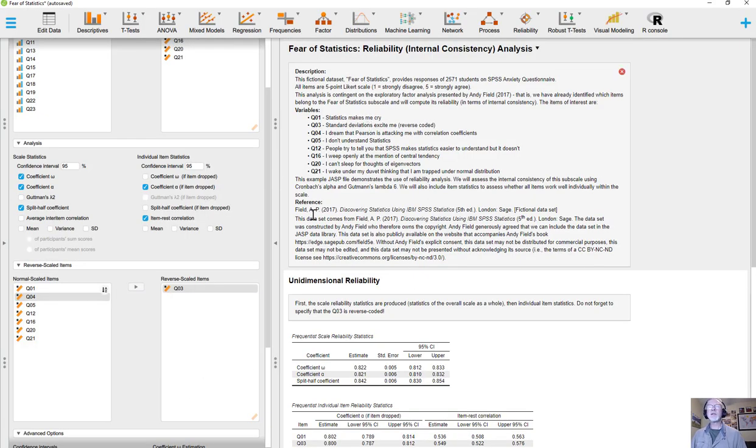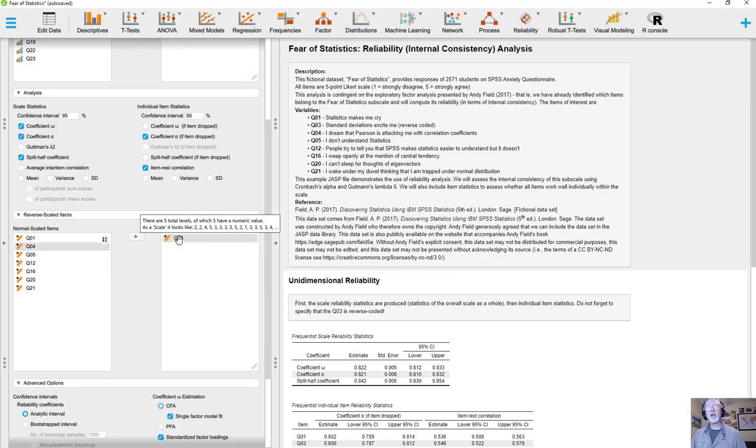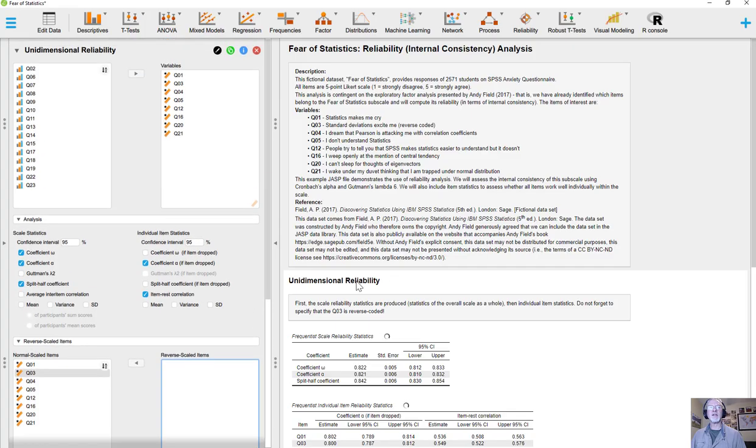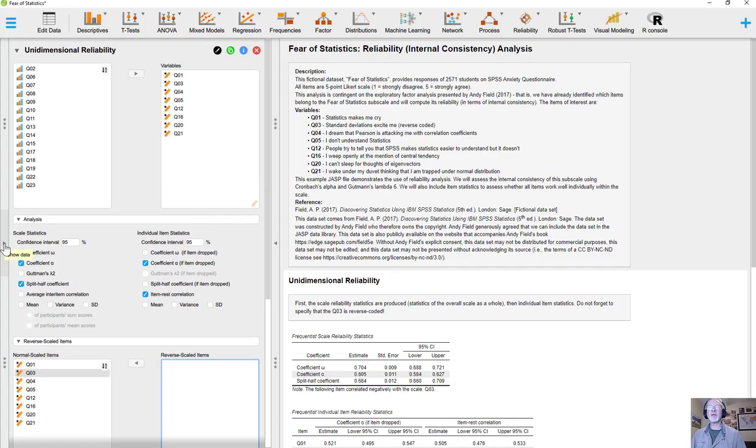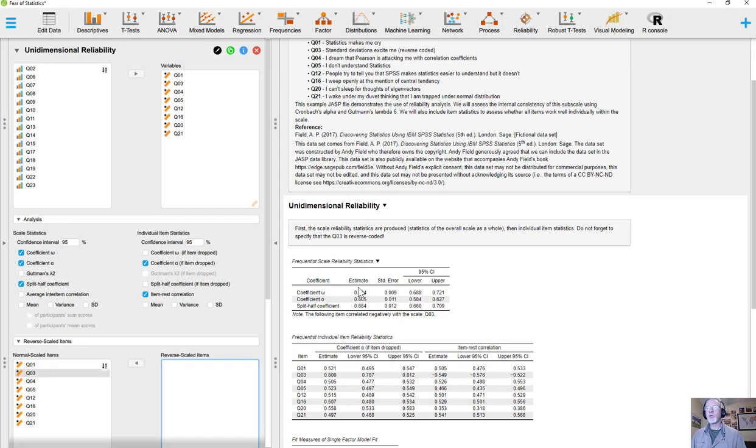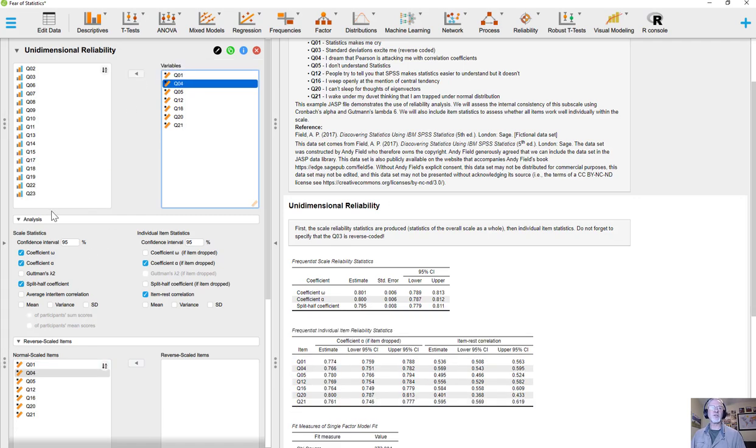Let me add in one other point, and that is what's going on with this reverse scale scoring, and how would you mimic that? I'm going to take that out and assume that that wasn't part of the programming for a second. And if that's not part of the programming, what I would need to do in order to fix my alphas is I would need to take out this item 3 and I would need to replace it with a recoded item myself.